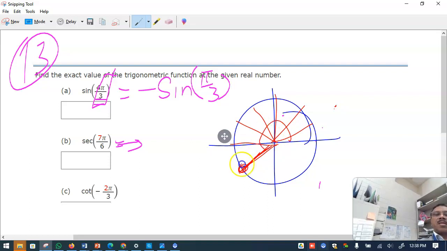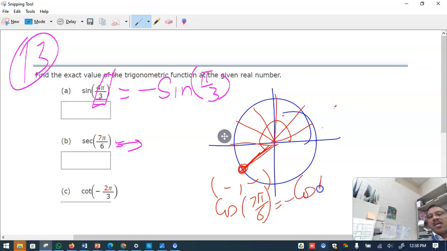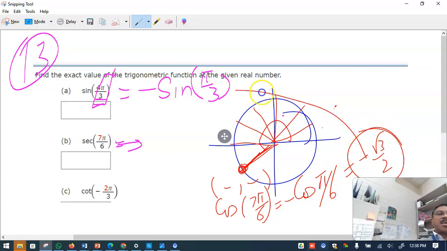So this is both minus. So cosine is negative. So cosine of 7 pi by 6 is minus cosine of pi by 6, which is minus root 3 over 2, and this answer will be also minus 2 over root 3.